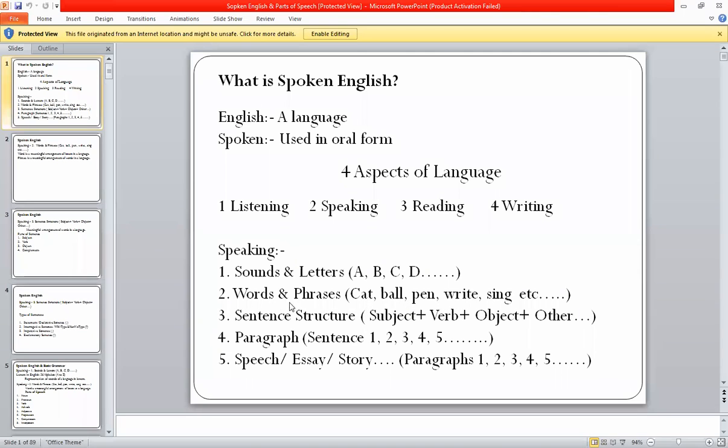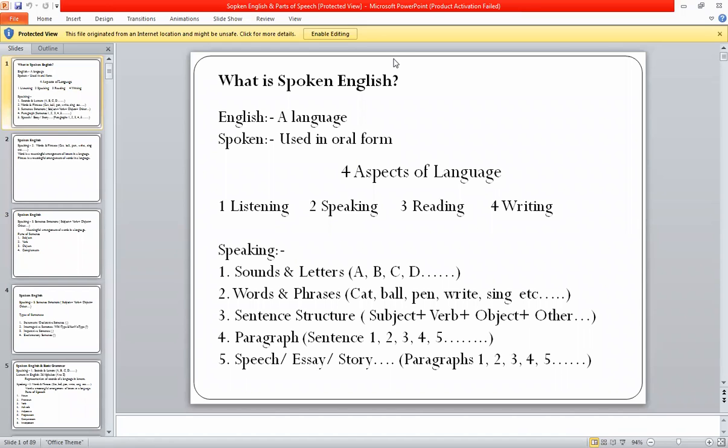Then when words and phrases come in connection to each other, there forms the sentence.